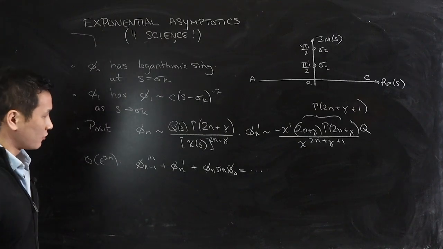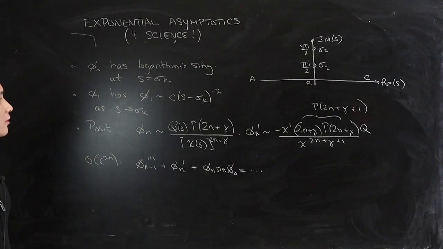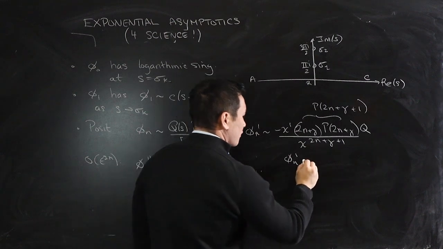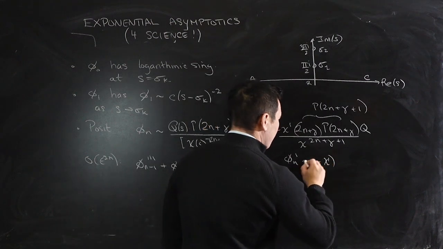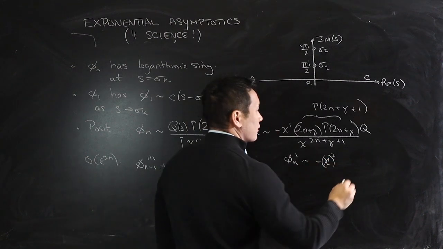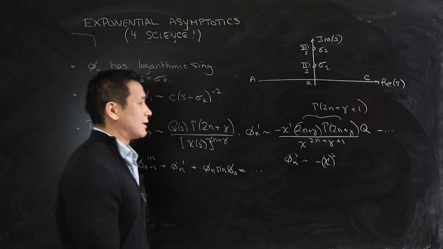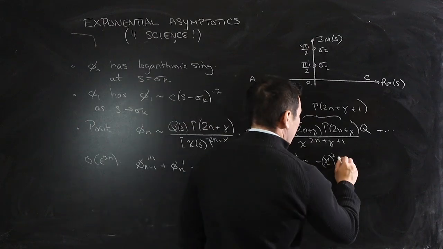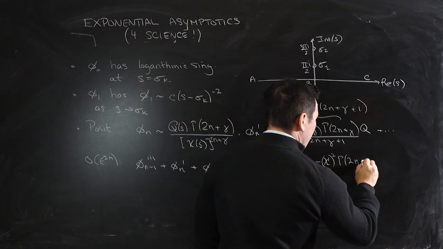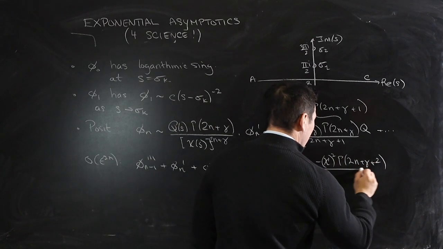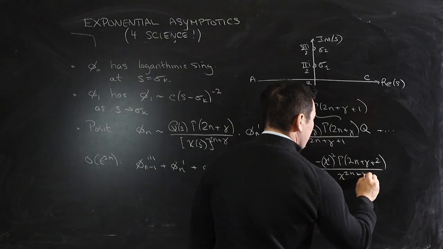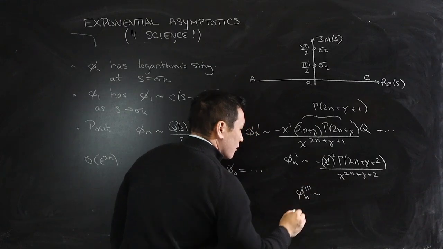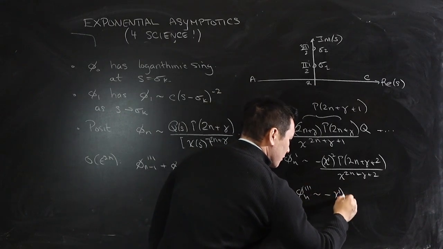Then you take the second derivative and the third derivative. The second derivative will be minus chi prime squared, plus dot dot dot. We're just going to keep the leading term and ignore all the other ones. This will be a gamma function of 2n plus gamma plus 2 over chi to the 2n plus gamma plus 2. And if I take a third derivative, I have a minus chi prime cubed.